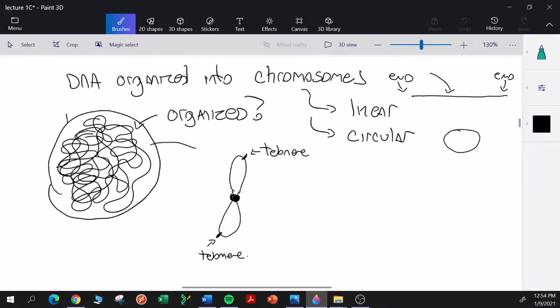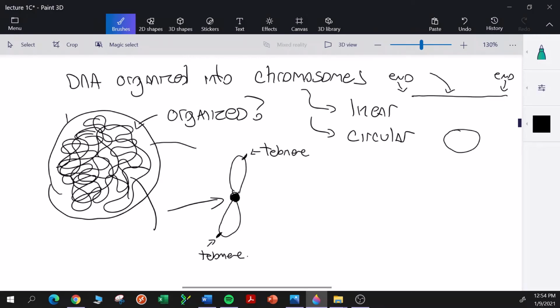Now, when I'm diagramming a chromosome, I'm probably not going to diagram it like that. I'm going to diagram it in the condensed state, whether we're talking about mitosis or meiosis, or what we would call interphase, when the cell is not in mitosis or meiosis.